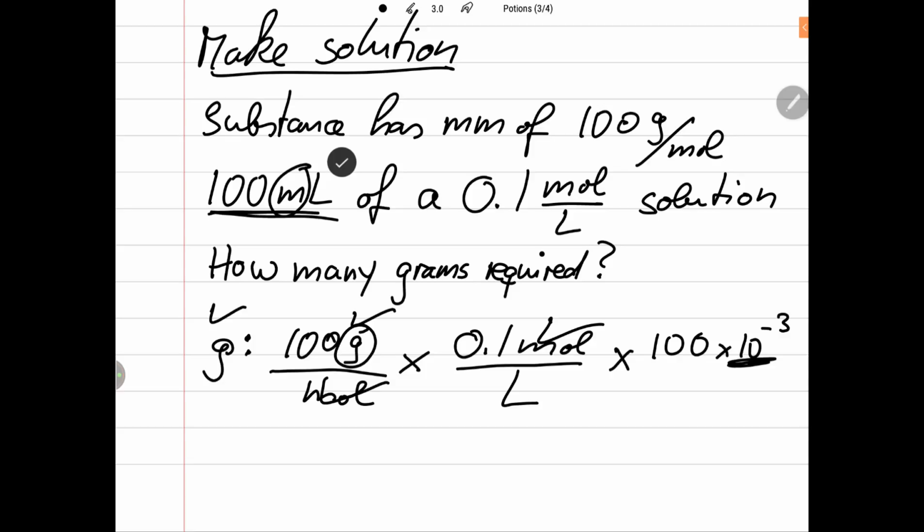What was it? Zepto and yocto, exactly. So 10 to the minus 21 is zepto, 10 to the minus 24 is yocto. Just in case you want to impress your housemates.